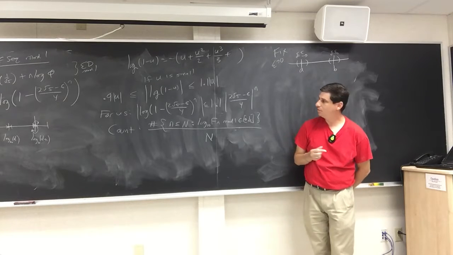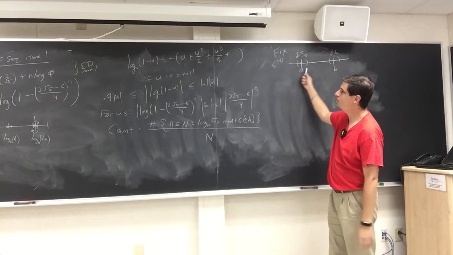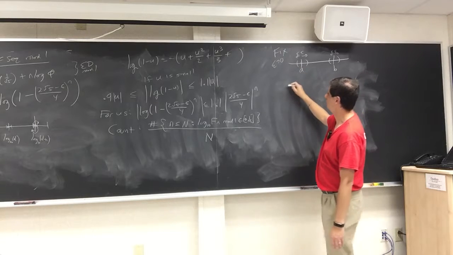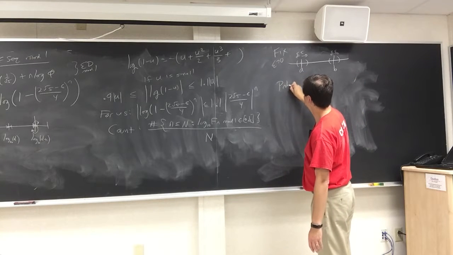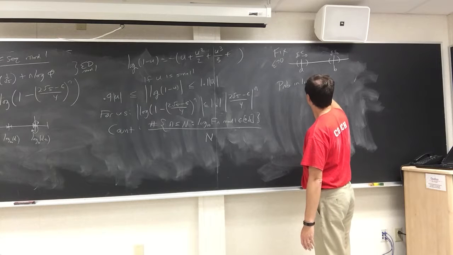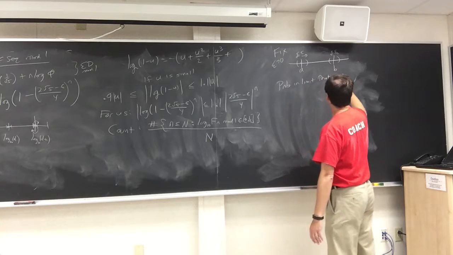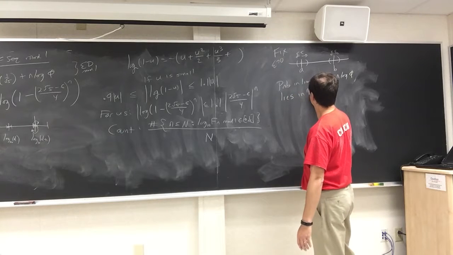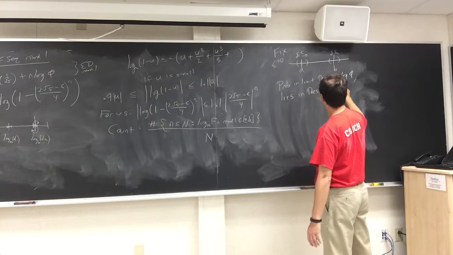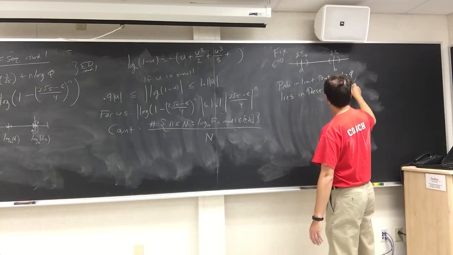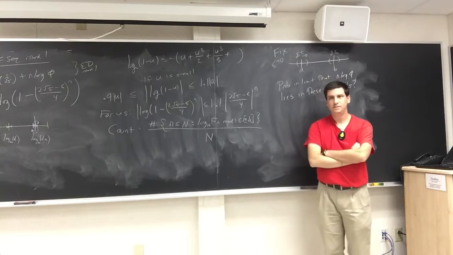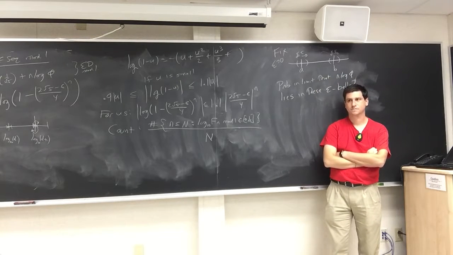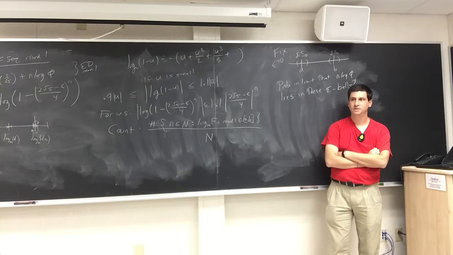So what's the probability that our original sequence, our good sequence, what's the probability in the limit that n log phi lies in these epsilon balls? So what should that be in the limit since it's equidistributed?